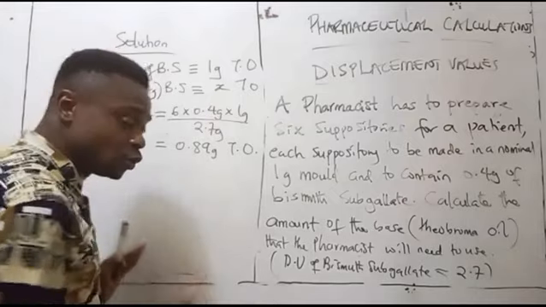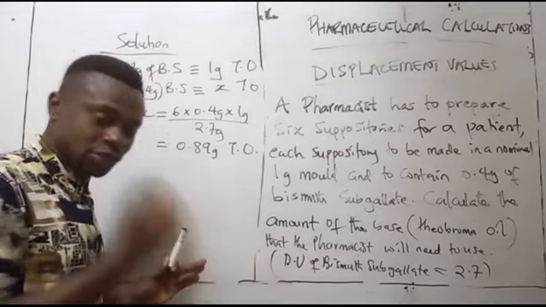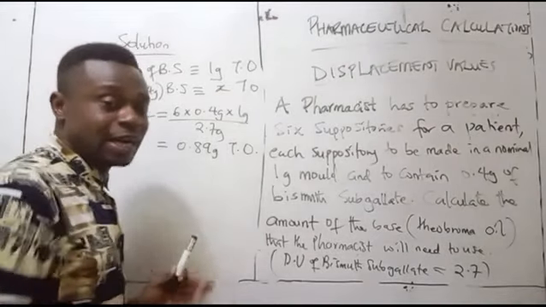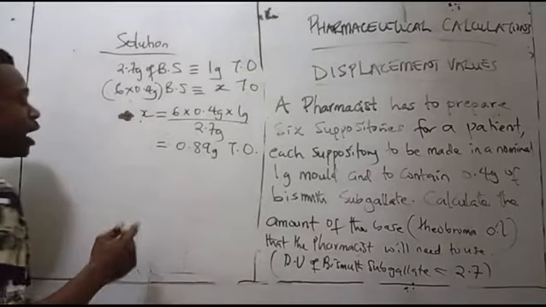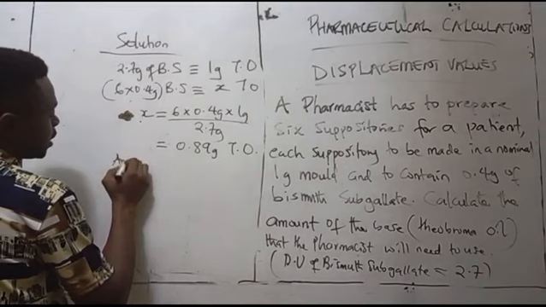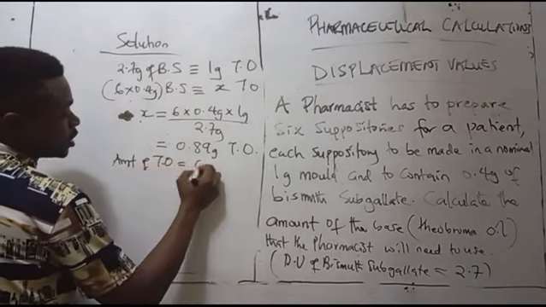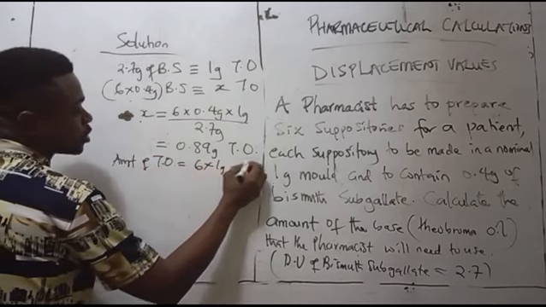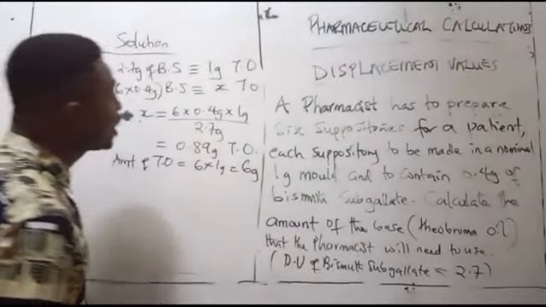So the amount of TO already present is 6 times 1 gram, which is 6 grams. Now see where the issue lies.